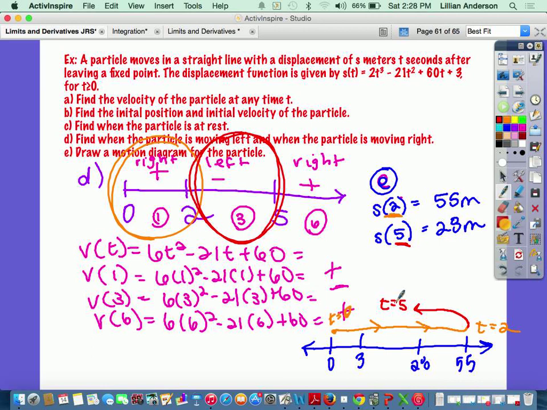And then lastly, I'm moving to the right. Okay, so I'm showing going to the left. Then lastly, I'm moving to the right after 5 seconds and for the rest of my trip. And so that is how you would draw your motion diagram. Okay?